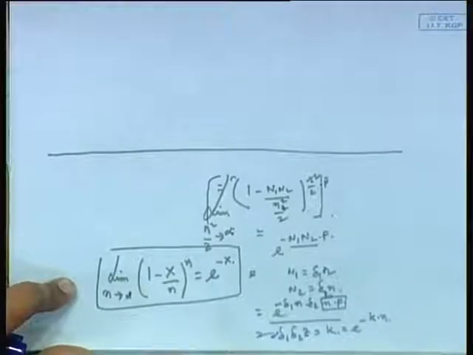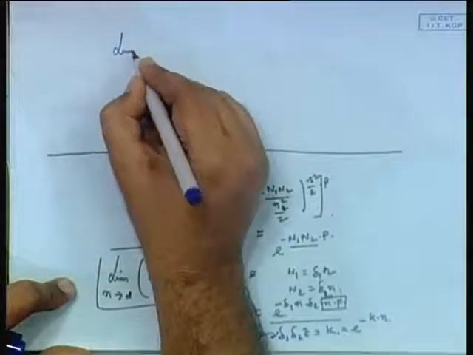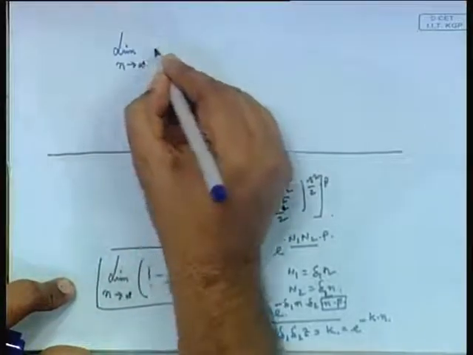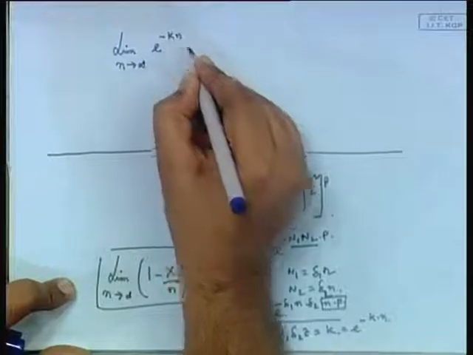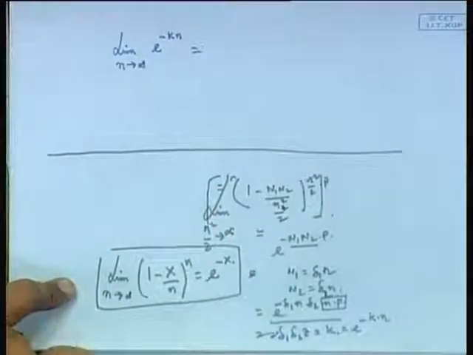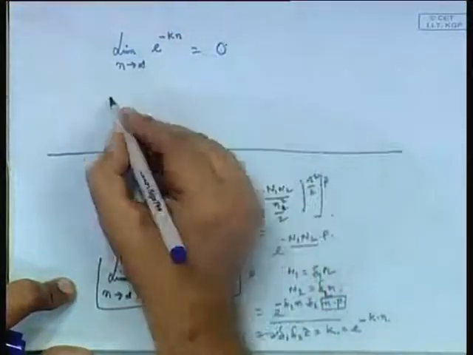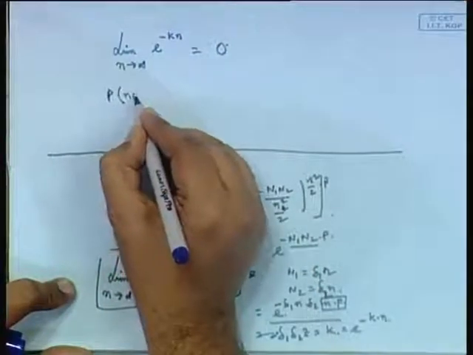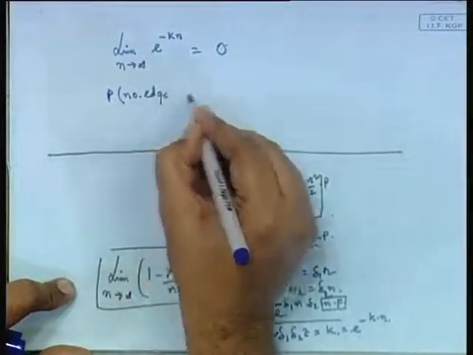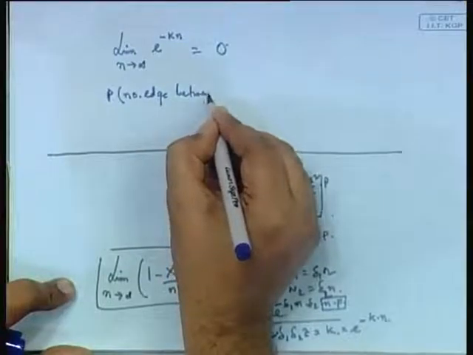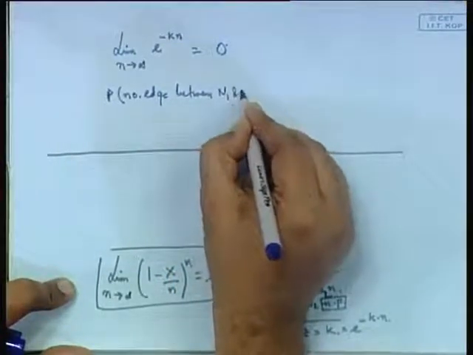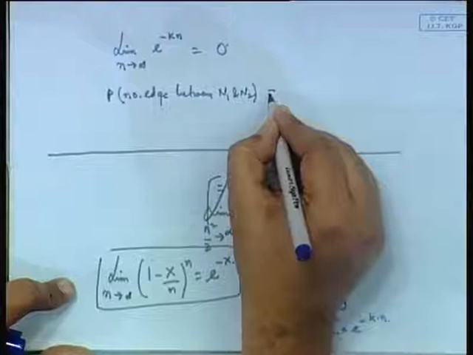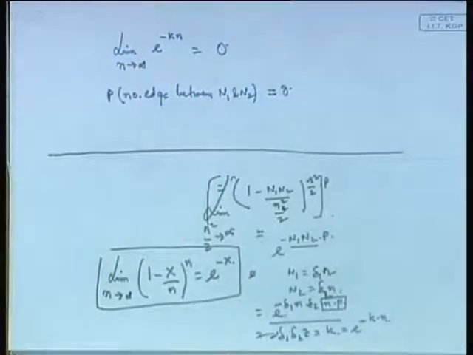So, the limit as n tends to infinity of e to the power minus k n will be 0. So, the probability that there is no edge between n1 and n2 becomes 0. For large n, we are always talking of large n. All our calculations are based upon large n.